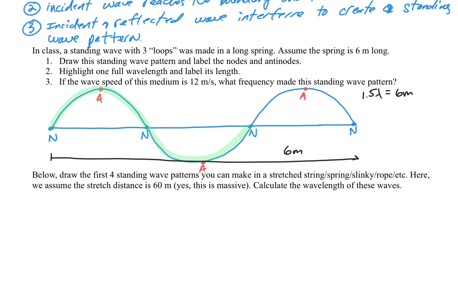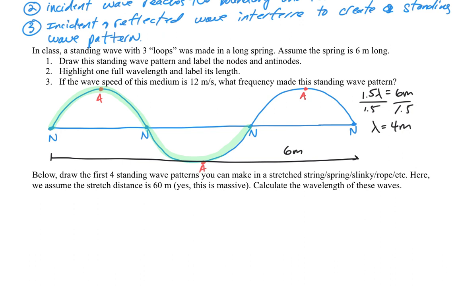Because the distance from the first end to the last end is 6 meters. And the distance from the first end to the last end is also 1.5 wavelengths. So I can set those equal to each other and divide by 1.5, divide by 1.5. I can see that the wavelength must be equal to 4 meters.